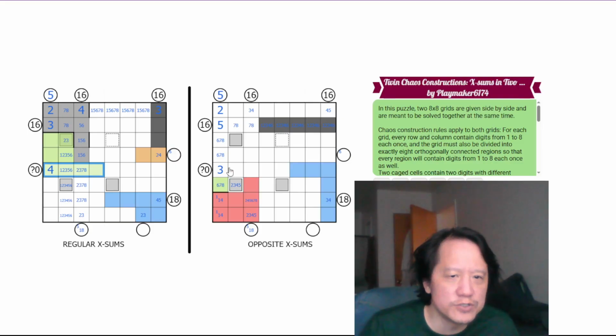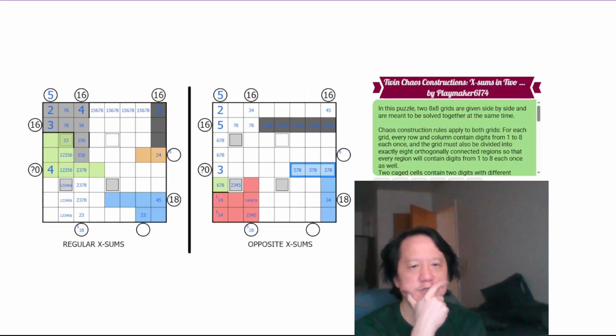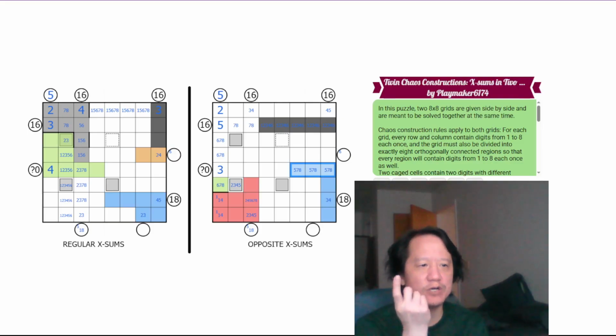So this would be 20. This would have to add up to 20 with 3 digits. So that would be 5, 7, and 8. And it has to be 5, 7, and 8 because 6, 7, 8 adds up to 21. If you try to, you would have to decrease the 5, but then increase the 7 or 8, which would lead to a duplicate or going outside the boundaries of digits.